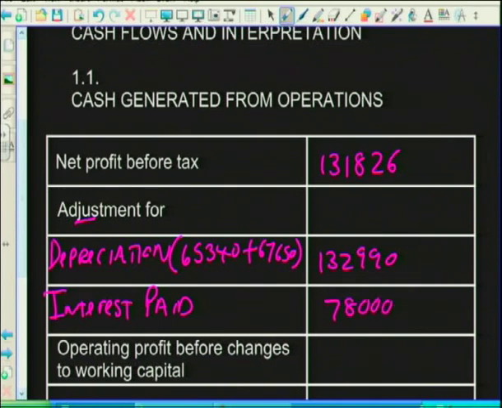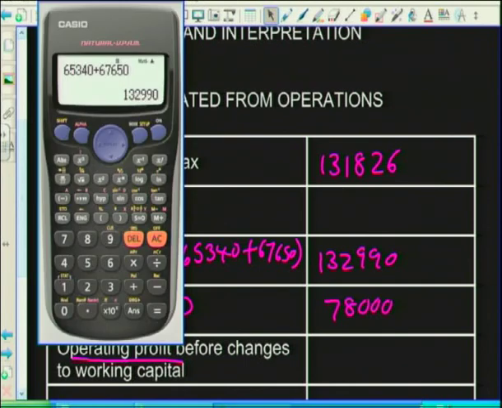Right, let's now add back these two amounts to get our operating profit before changes to working capital. So let's get the calculators out again. Let's clear this. We are going to take our net profit before tax, 131,826. We are now adding back depreciation because it's a non-cash item, and then we are also adding back interest paid to get operating profit before changes to working capital, an amount of 342,816.